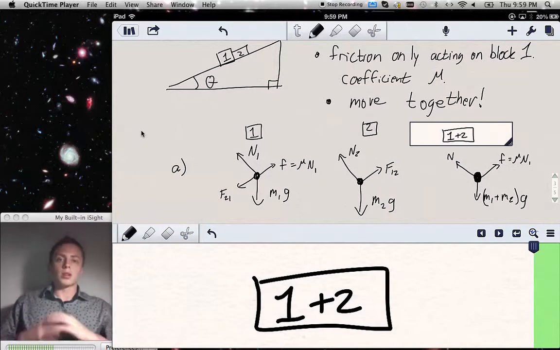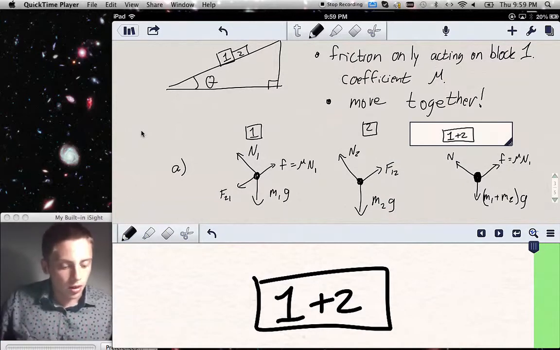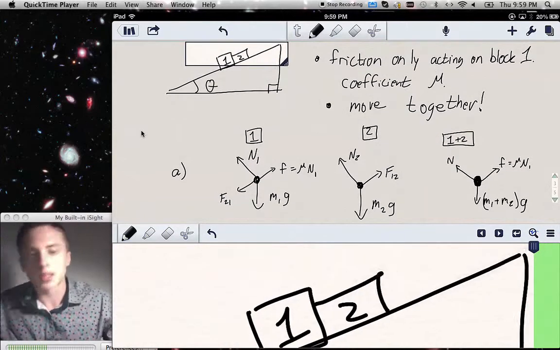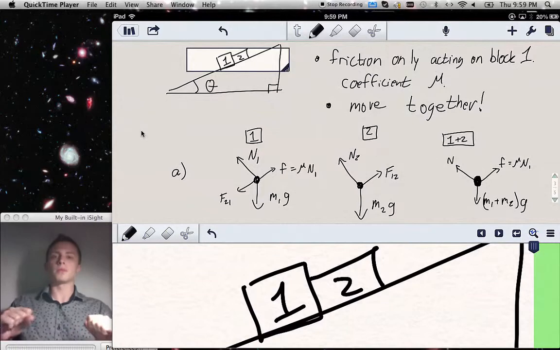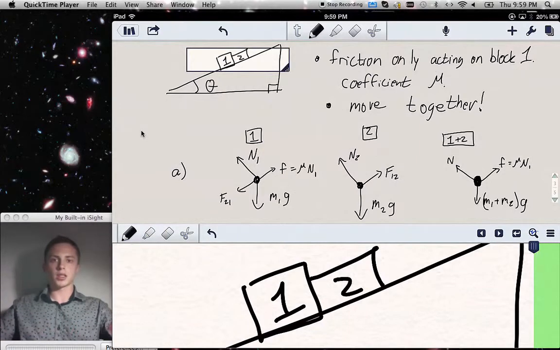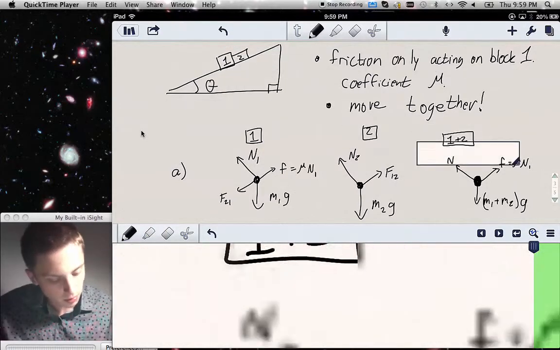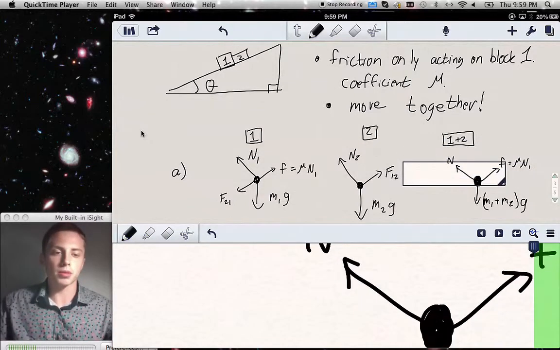Lastly, it asks us to draw the free body diagram for the system of blocks. We're viewing these two blocks as just one large mass, with a total mass of m1 plus m2, right? So there's no interface between blocks 1 and 2 anymore, it's just one homogeneous mass. In this situation, we have a total normal force coming from the ramp.